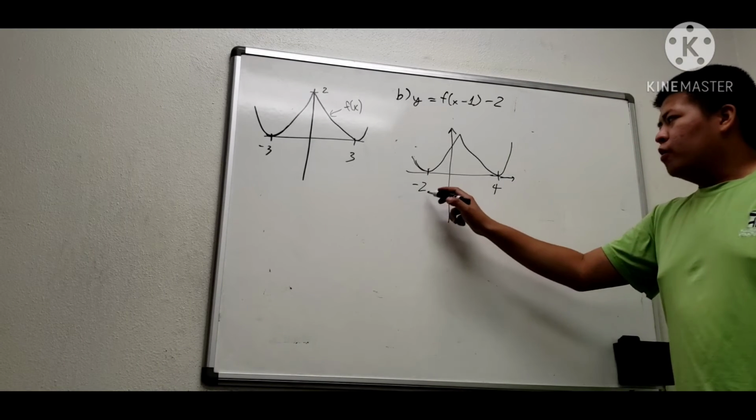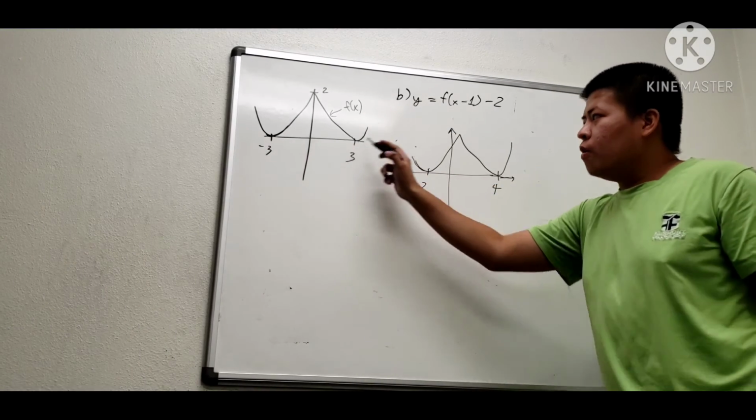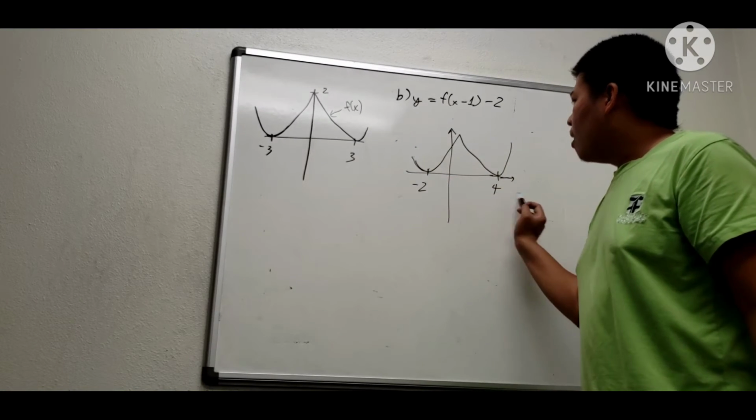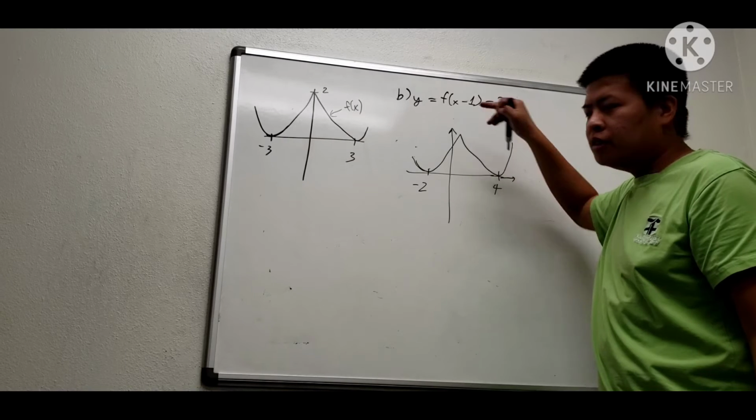So the function moves to the right, from negative 3 you need to plus 1. And that's why they move to the right, because you have the minus 1 inside the function.